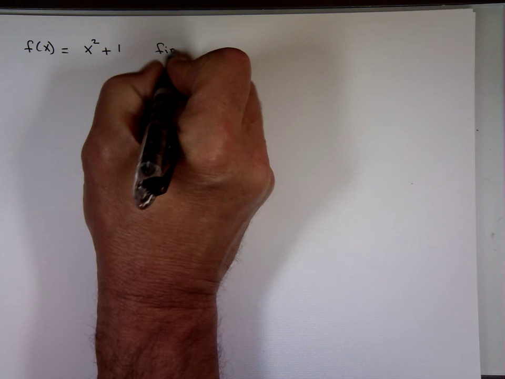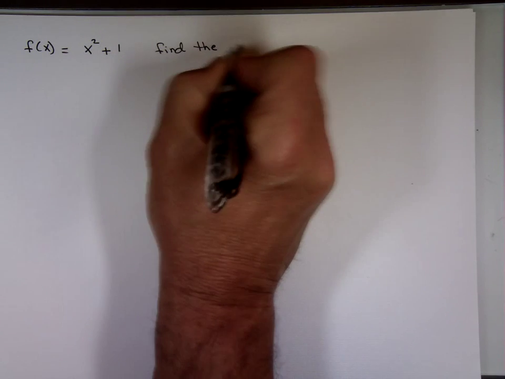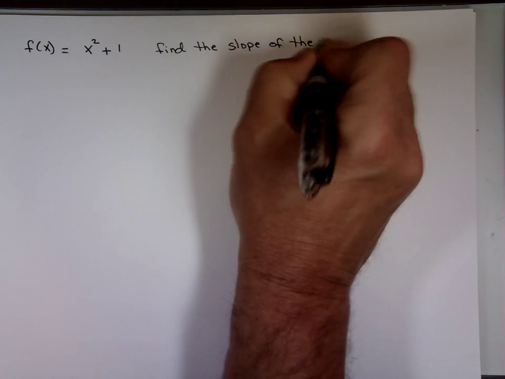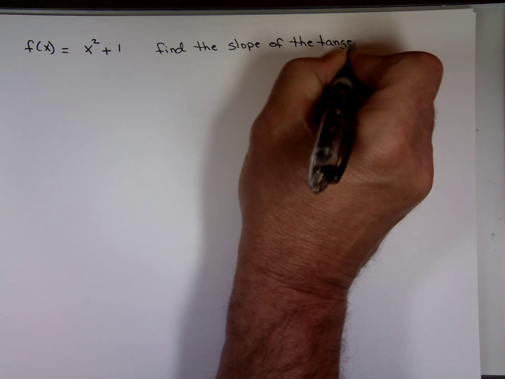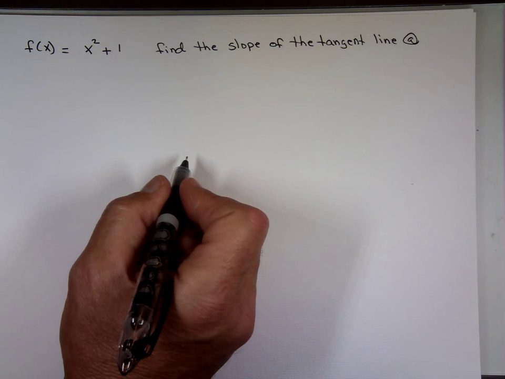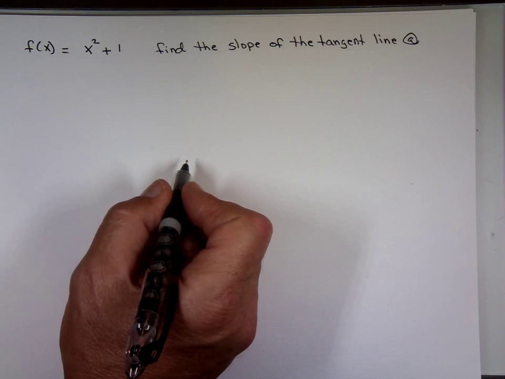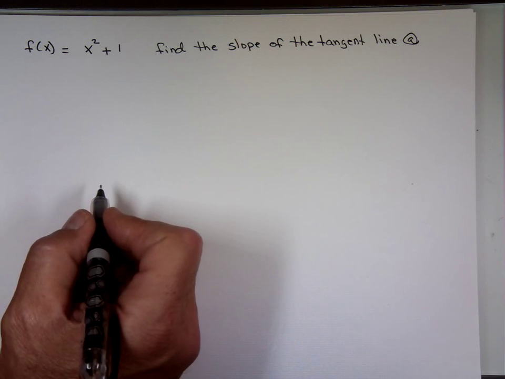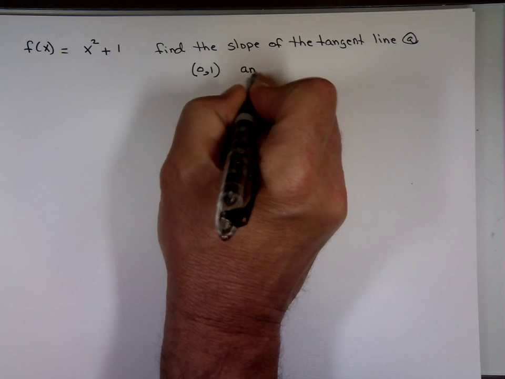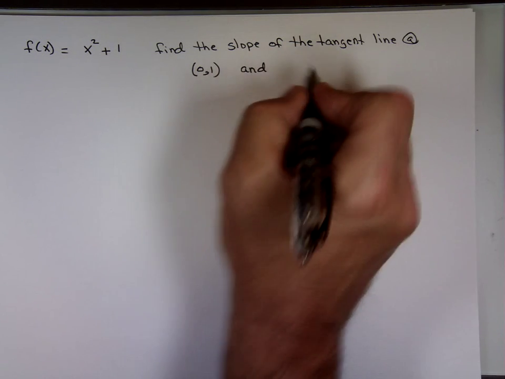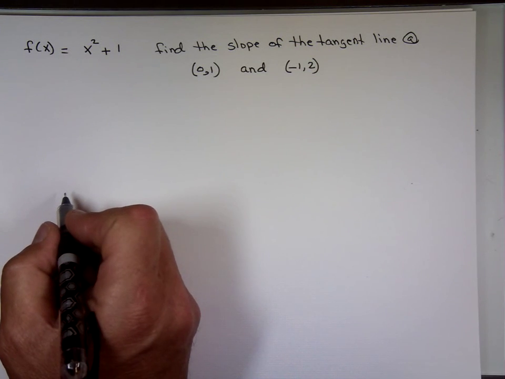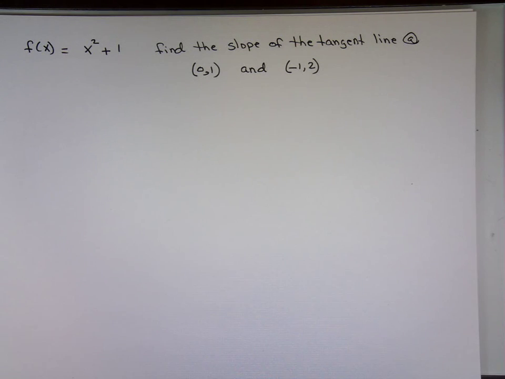Find the slope of the tangent line at, and I'm going to be mean here. Well, not that mean. I'll give you 2 points: at (0, 1), I want it twice, and (-1, 2). So 2 times I want you to do it.